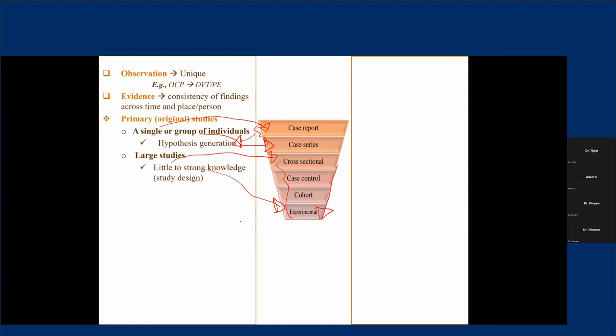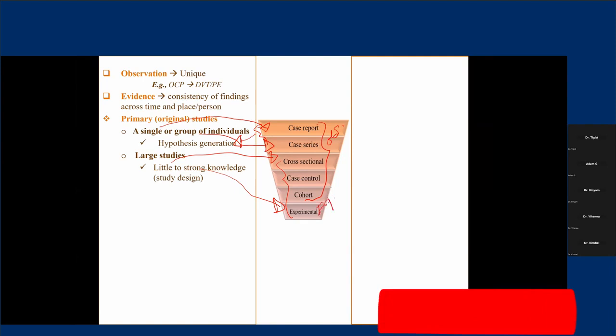So in general, these are study designs for primary studies, and these primary studies are divided into 2. From case report up to cohort, we call them observational studies, and the other is experimental study, as you can see.